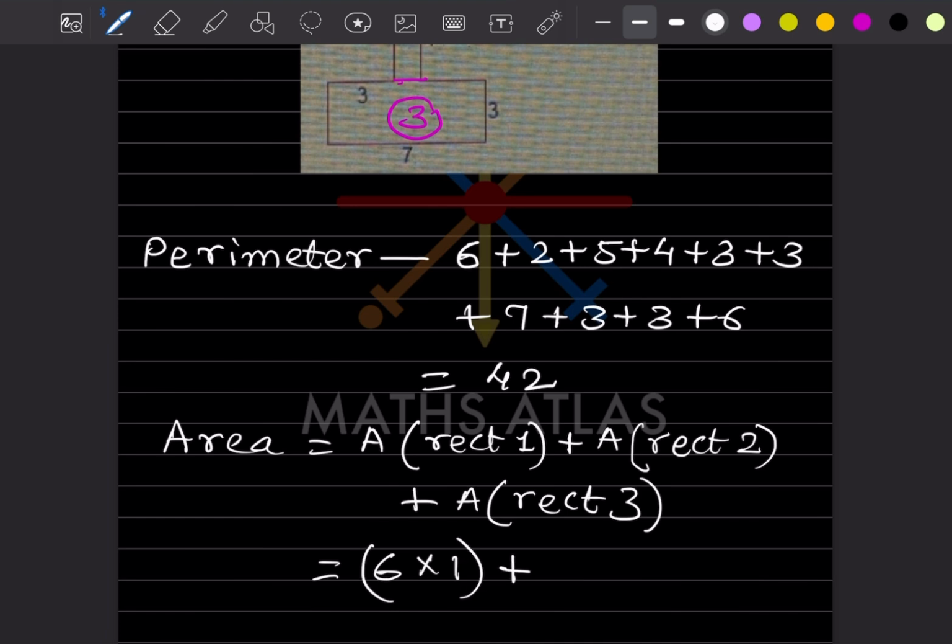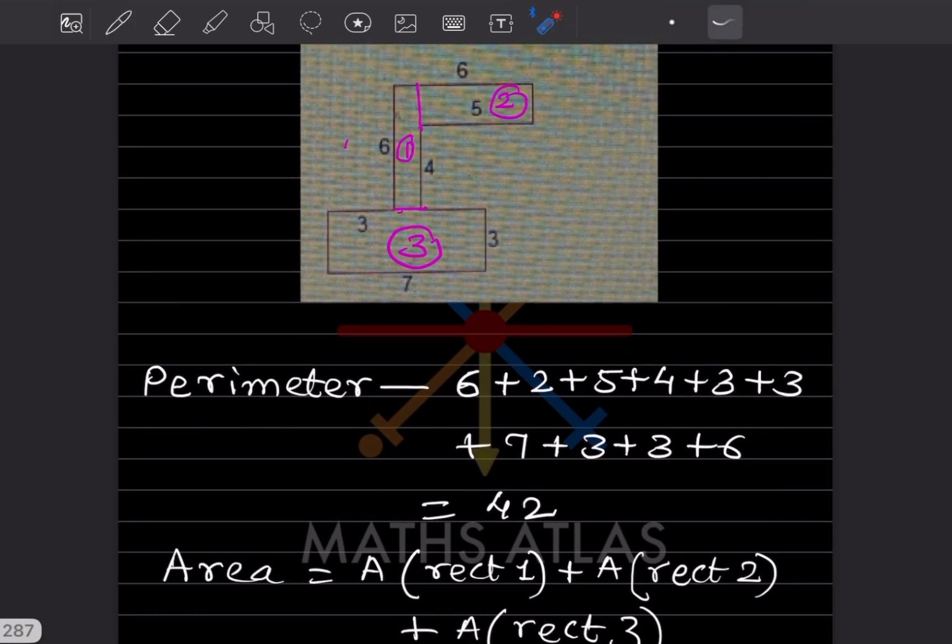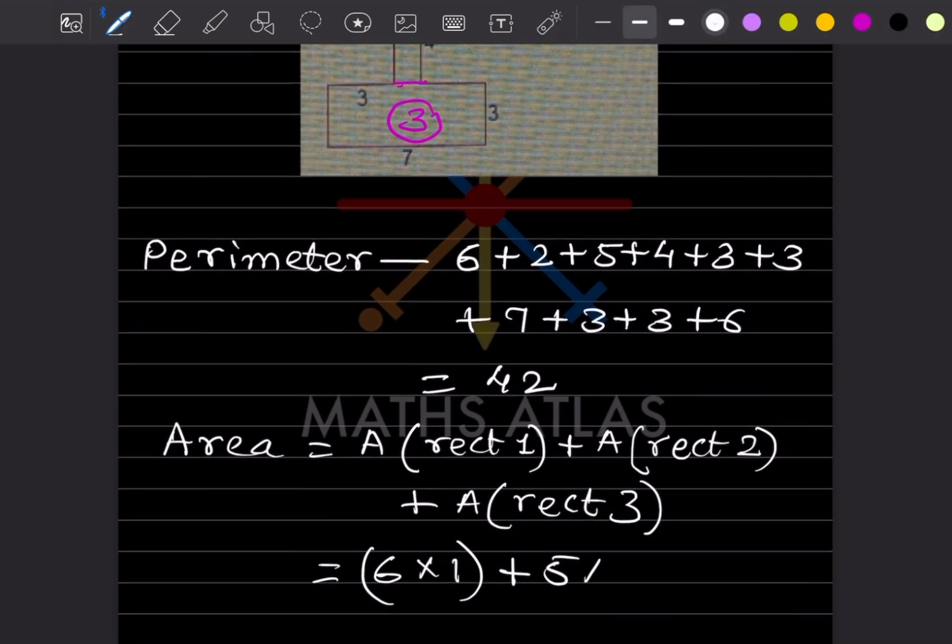Now for rectangle 2, this is 5 and this part we got as 2, because this was 6 and this is 4. So it is going to be 5 into 2.